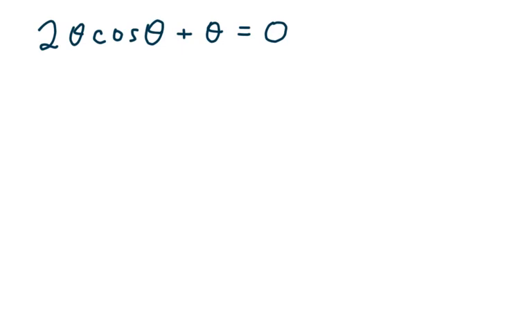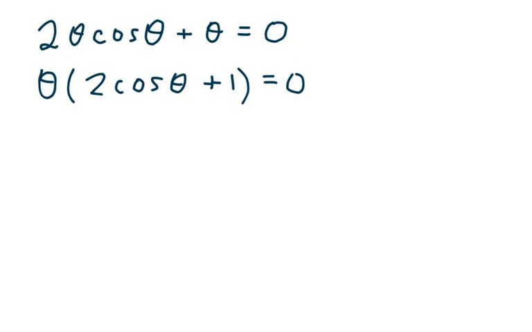So how I would approach this problem is, instead of subtracting theta and then dividing by theta from both sides, I would actually factor a theta out, and so we're left with theta times 2 times cosine theta plus 1 equal to 0. And then from there we can set each piece equal to 0.